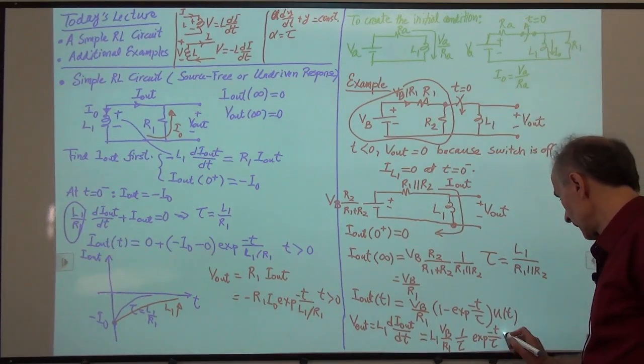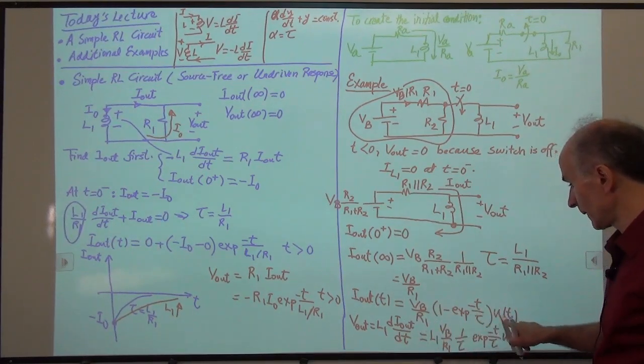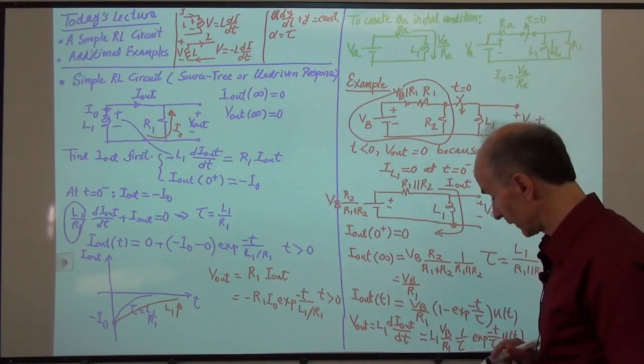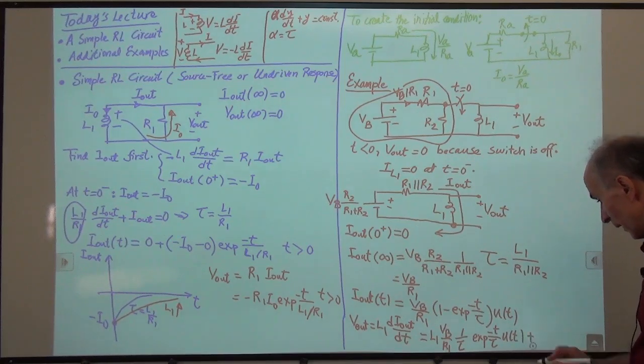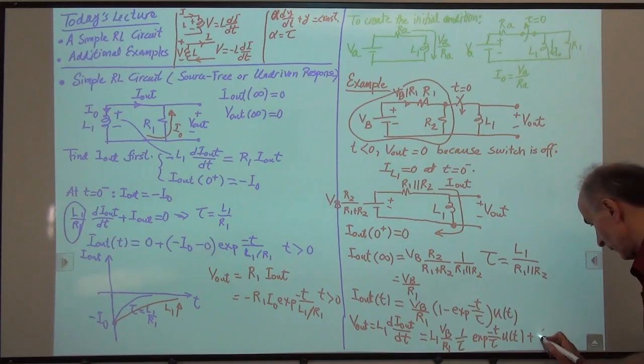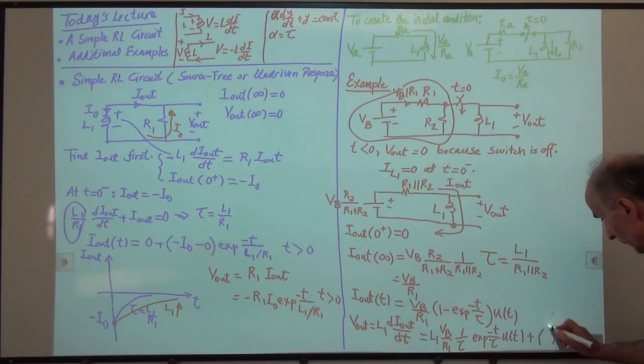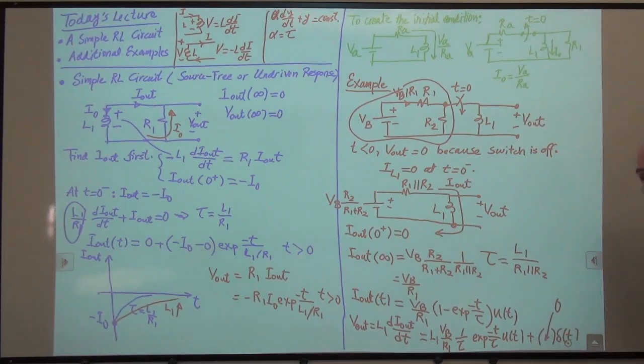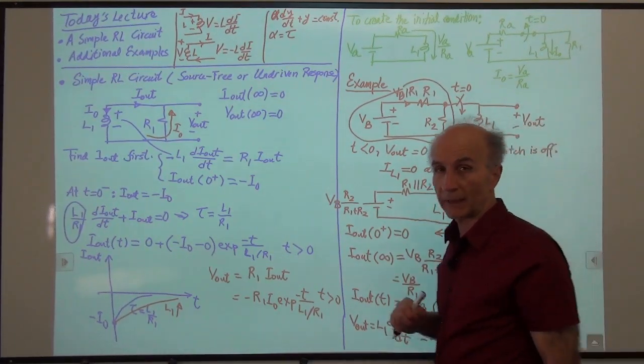And V out also takes u of t, because we're multiplying the derivative of this by u of t. The other part, the derivative of u times this, so something like this times delta of t, this part is 0. So that part goes away. There is no impulse in the voltage that we measure at the output.